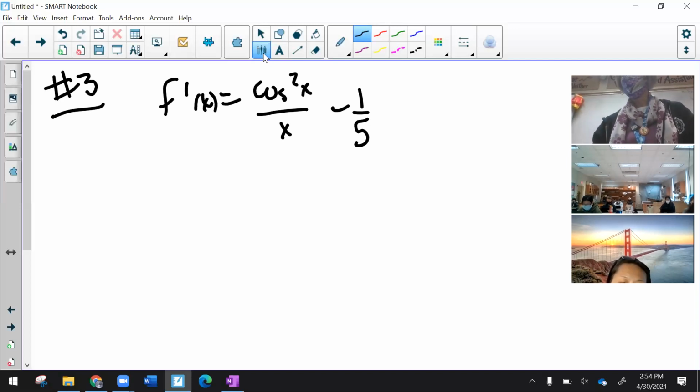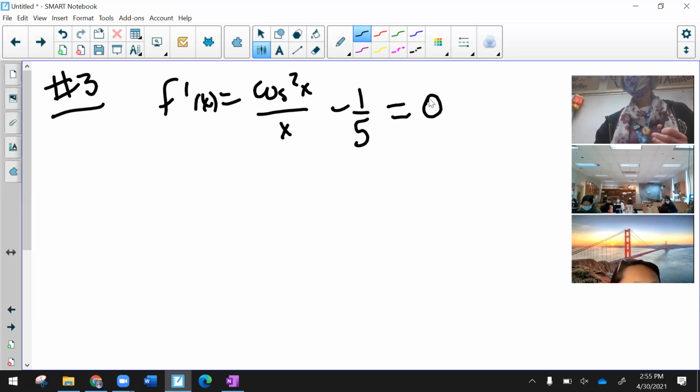How many critical values does f have on the open interval from 0 to 10? If it's an open interval, that means you don't have to include the endpoints. And if it's a critical value, that means that f prime is equal to 0, right?